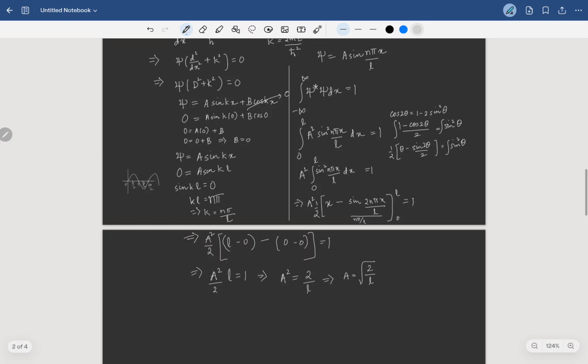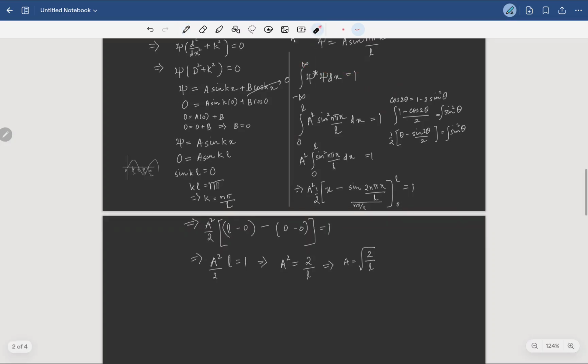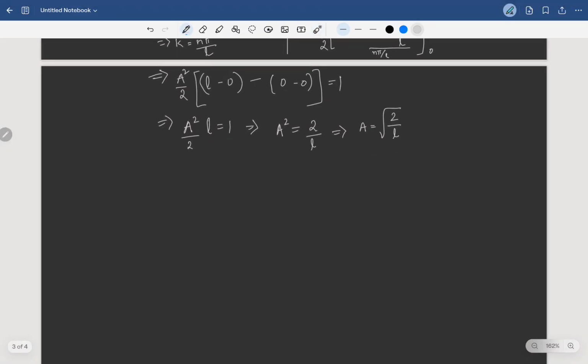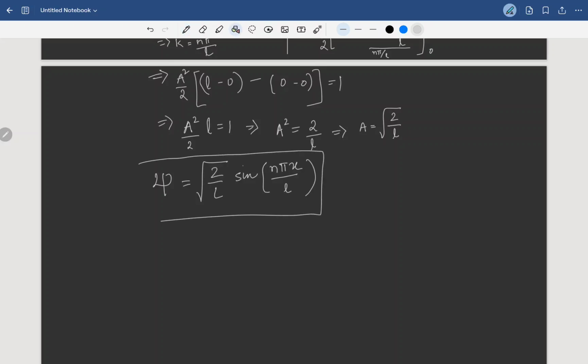What do we get? I'll highlight it, this equation. We'll get the finalized equation as follows: psi is equal to root 2 by L sine n pi x by L. This is the wave function of the particle in a box.